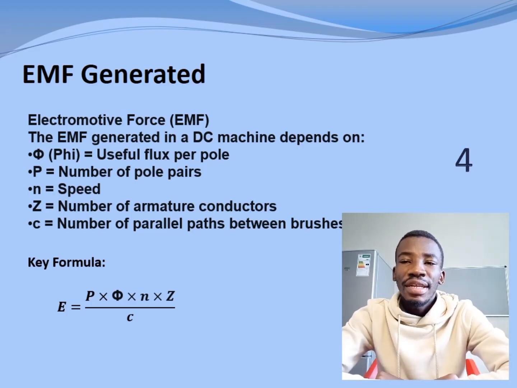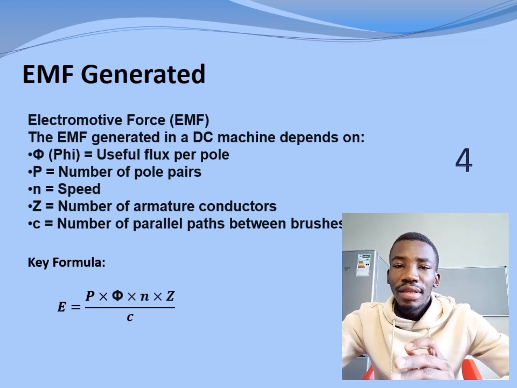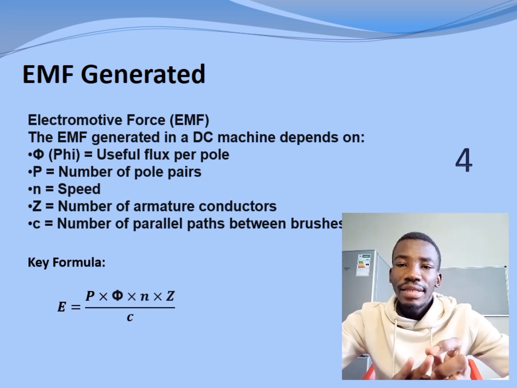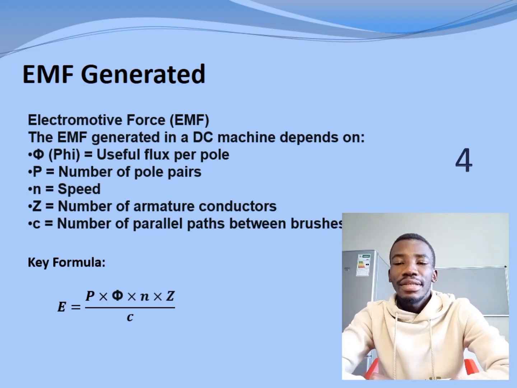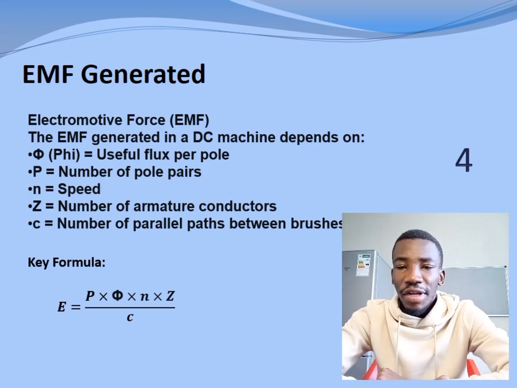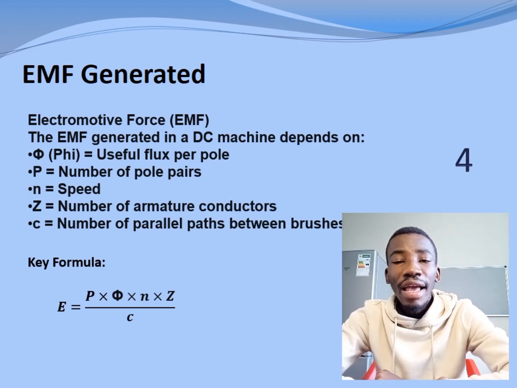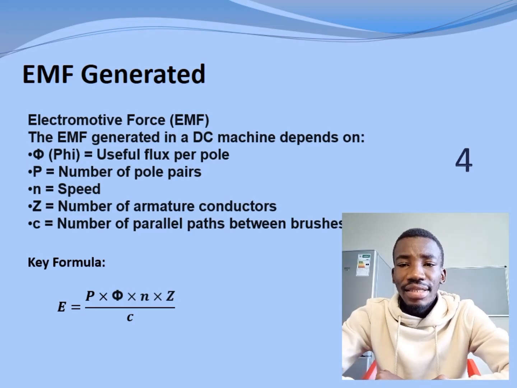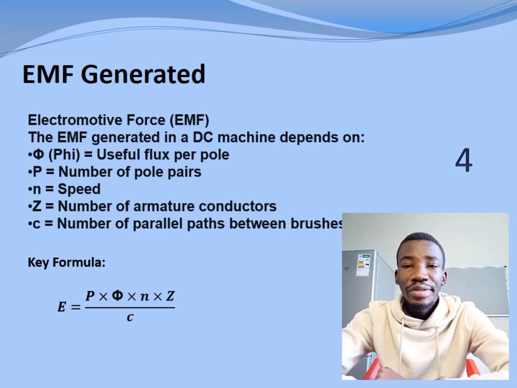The electromotive force generated in a DC machine depends on the following things: phi, P, N, Z, and C. Here's our key formula: E is equal to P times phi times N times Z all over C, whereby phi represents useful flux per pole, P represents the number of pole pairs, N represents the speed, Z represents the number of armature conductors, and C is the number of parallel paths between brushes.